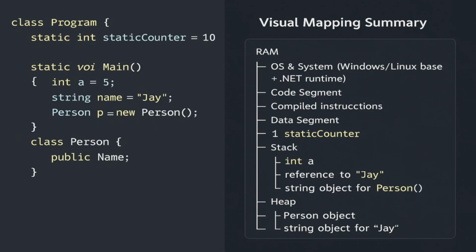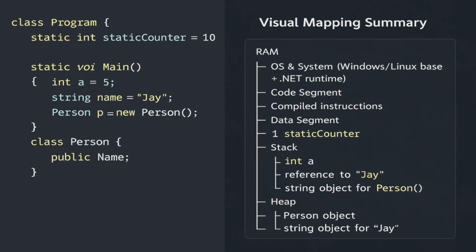Now let's look at how the .NET runtime engine is going to allocate the memory. Obviously, the first portion is the operating system and the .NET runtime, the whole thing occupies some space.